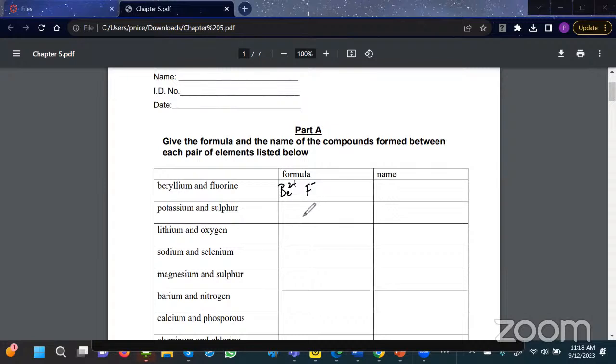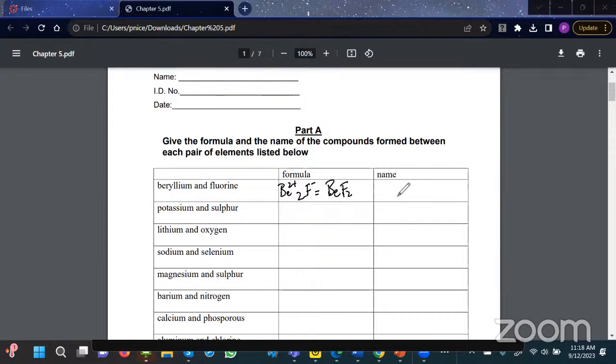Yes, sir. Multiply the fluoride by 2, right? So what would be the final answer as far as the formula is concerned when you combine these two? When you combine these two, what would be the formula? BeF and then 2 on the bottom. Exactly, BeF2. All right, very good.